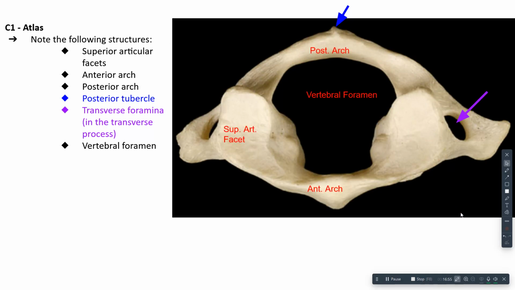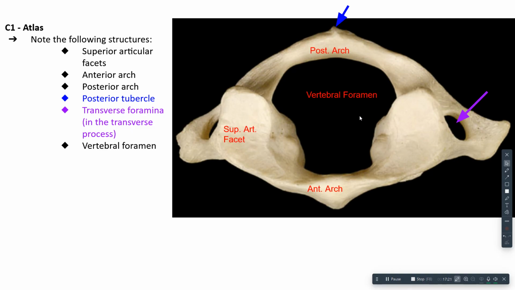So if I look at my atlas here, it doesn't have much of a body. Instead it has what's called an anterior arch. It doesn't have much of a spinous process. It has a posterior arch, like the vertebral arch basically, which has a little bump on it. That little bump there is called the posterior tubercle. Muscles attach to it.